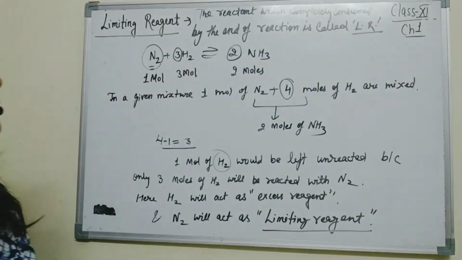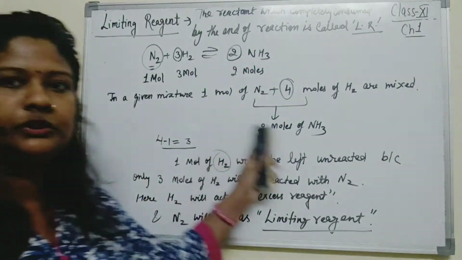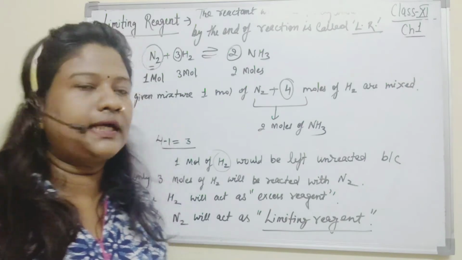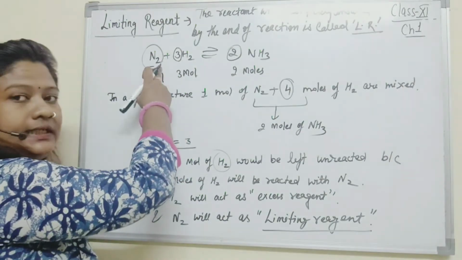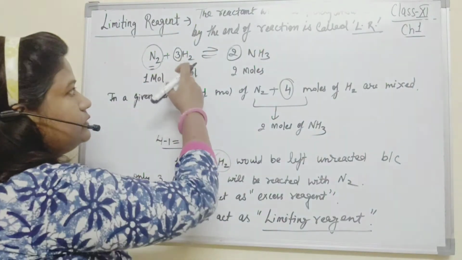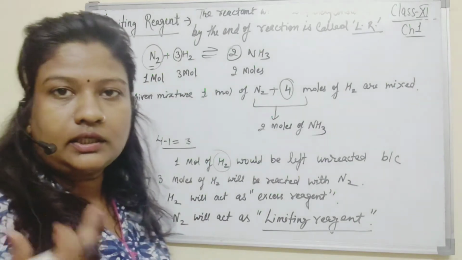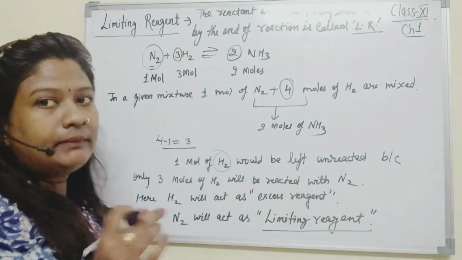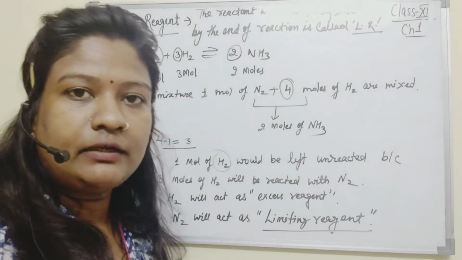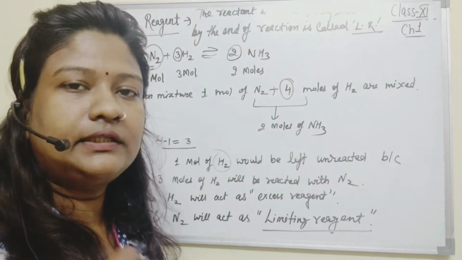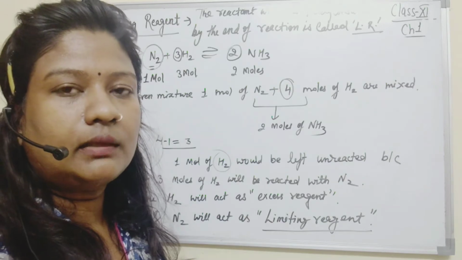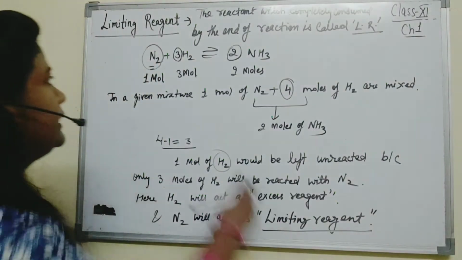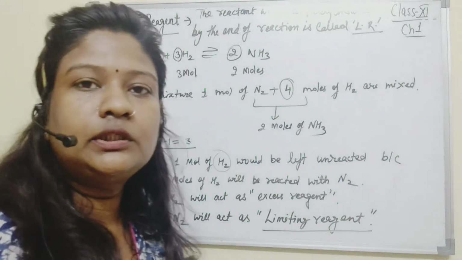Okay, so in this reaction, nitrogen is acting as the limiting reagent and hydrogen is acting as the excess reagent, because 1 mole of hydrogen remains unreacted by the end of the reaction. But nitrogen will get consumed completely by the end of the reaction.